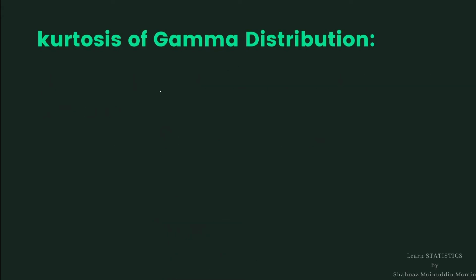Hence beta 2 is equal to 3 into n plus 2 divided by n, which is equal to 3n plus 6 divided by n.